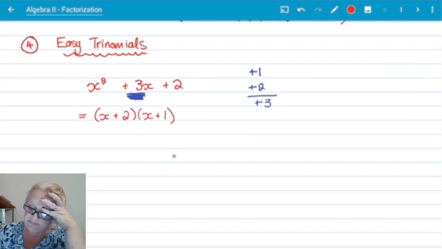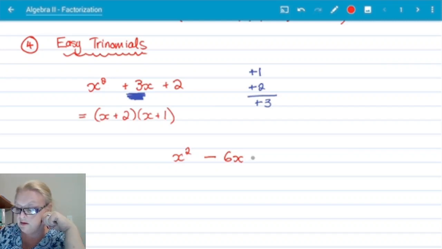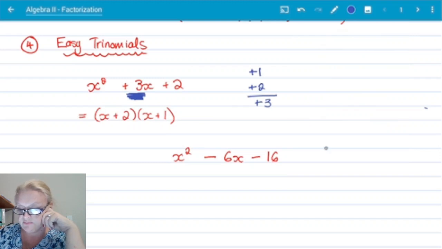Let's try another one. x squared minus 6x minus 16. All right. What we're going to do is take the factors of the last one. 1 times 16, 2 times 8, 4 times 4.